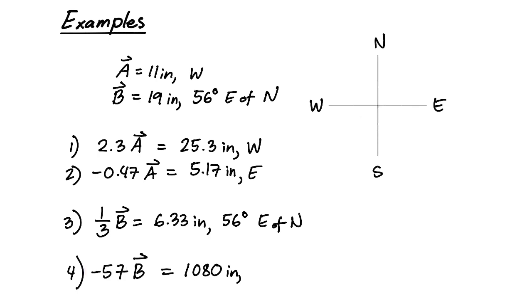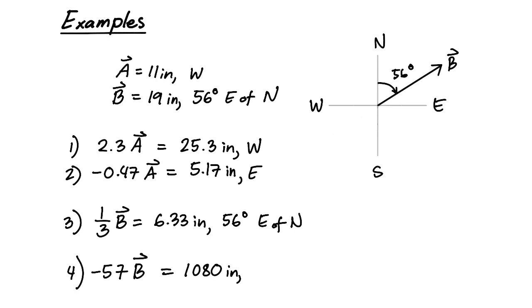Now, to do that, draw natin yung ating vector b, that is 56 degrees east of north. So we'll start from north, tapos punta tayo sa east by 56 degrees. So para siyang ganito. Okay, so this will be your vector b, and this is 56 degrees.